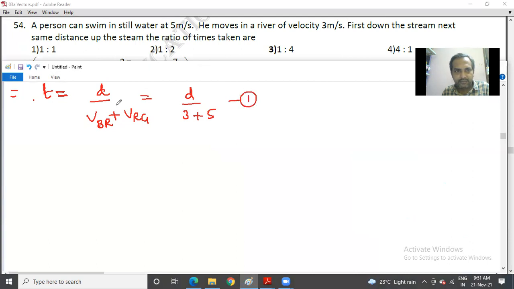Call this equation 1. Say this is time interval T1, in downstream. Now up the stream, T2 is equal to D by VBR minus VRG.